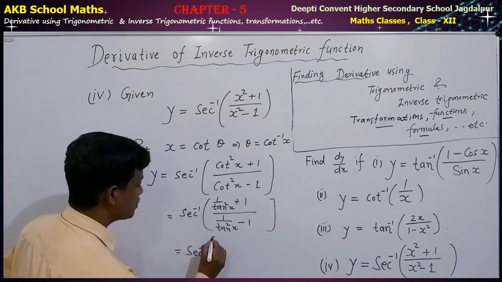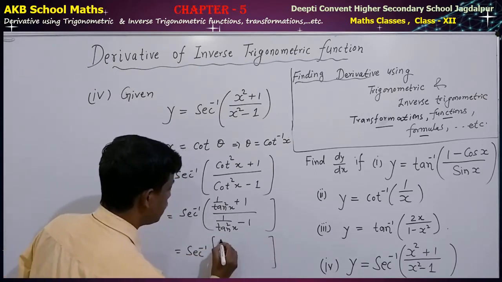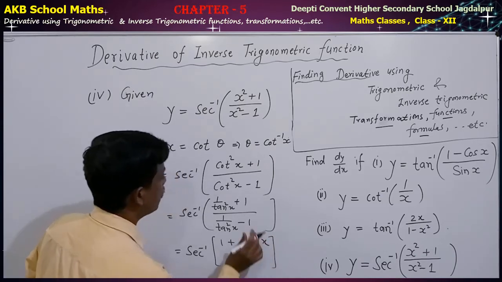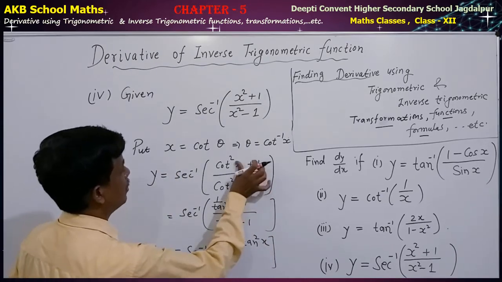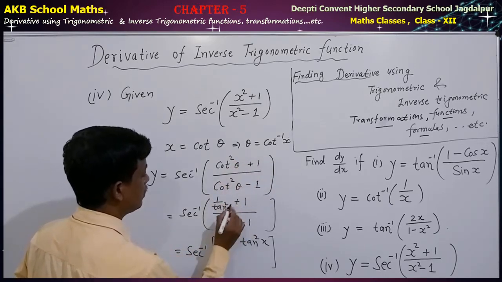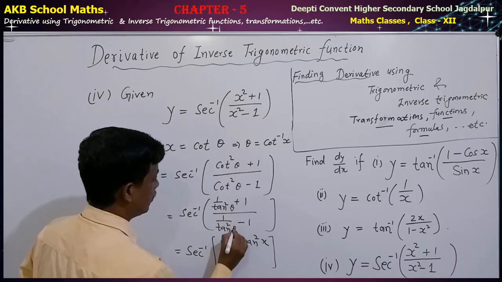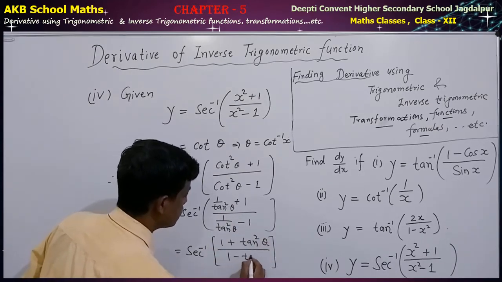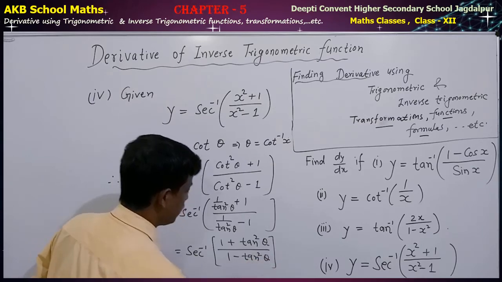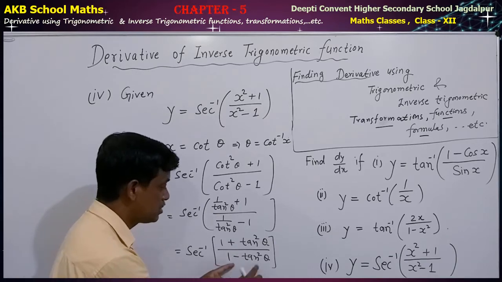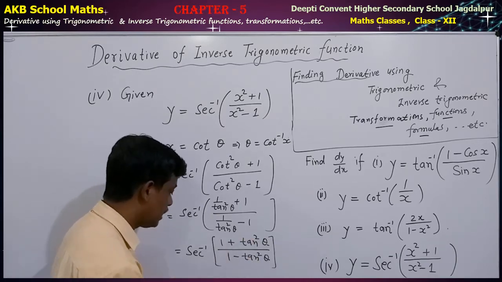Sec inverse, what do you get? 1 plus tan square, not x, theta. Take theta. So 1 plus tan square theta upon 1 minus tan square theta. And you know this is the value of sec 2 theta, because cos 2 theta equals 1 minus tan square by 1 plus tan square. So this is sec 2 theta.